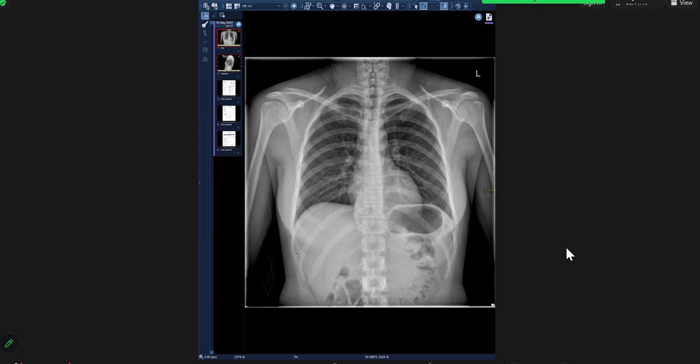Ma'am, on the frontal chest X-ray, I was thinking about all the differentials of the posterior mediastinal masses.